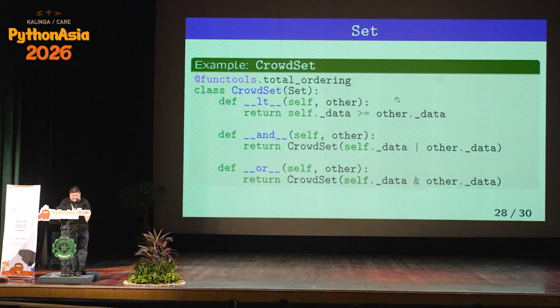The last example is the cross set. It inherits from set. It also uses functools total_ordering. This class uses a trick in the less-than method. Instead of checking self.data less than or equal to other.data, it checks self.data greater than or equal to other.data.